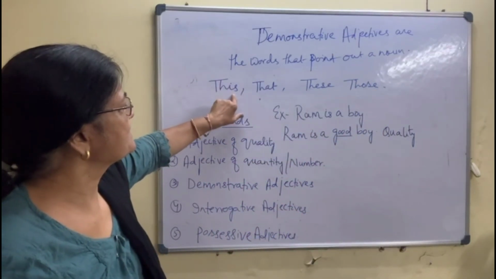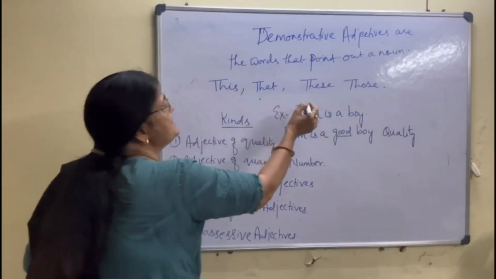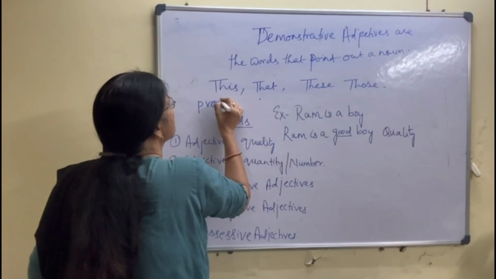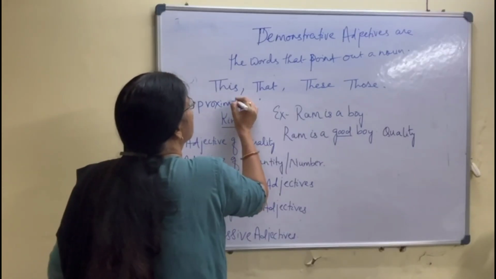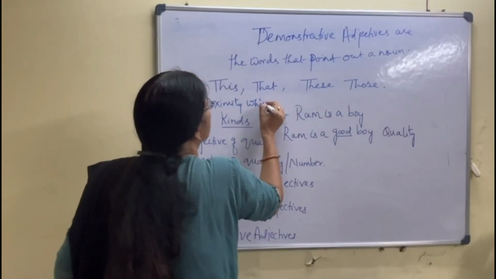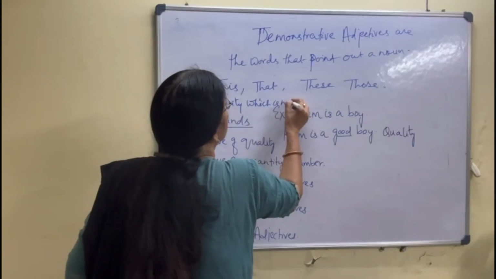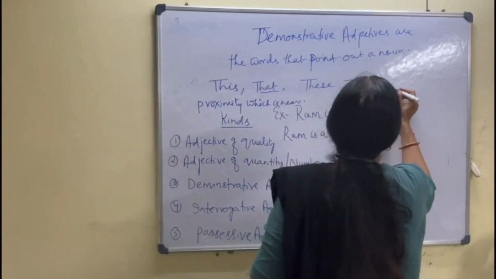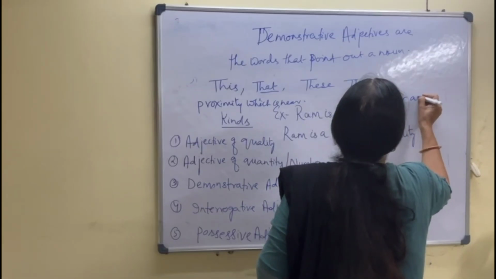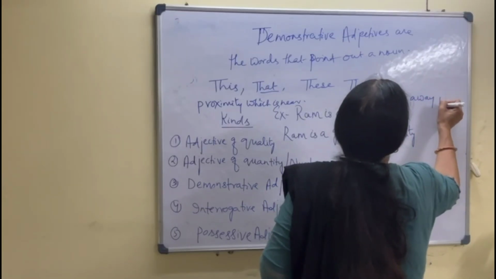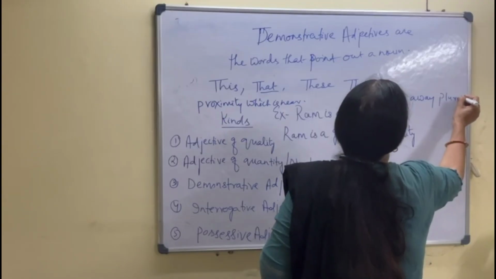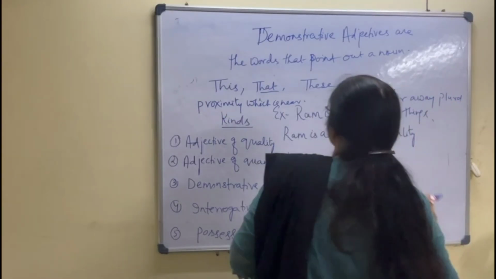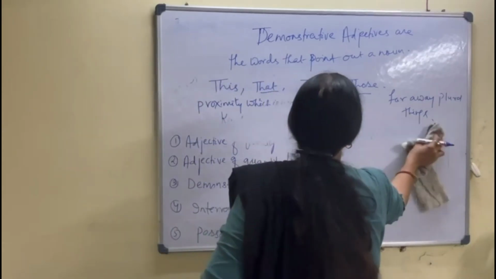This and these show a proximity which is near. That and those show far away things. This can be better understood by certain examples.